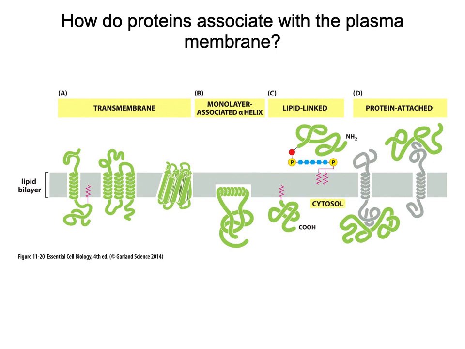We can also have proteins that are attached to other proteins. Again, this is really important in cell signaling. We can have a transmembrane protein that will then bind to another protein, either intracellular or extracellular.